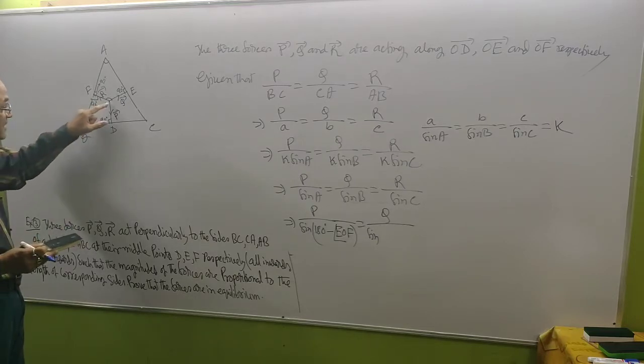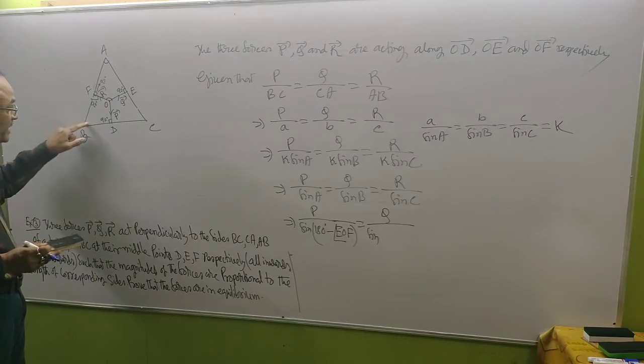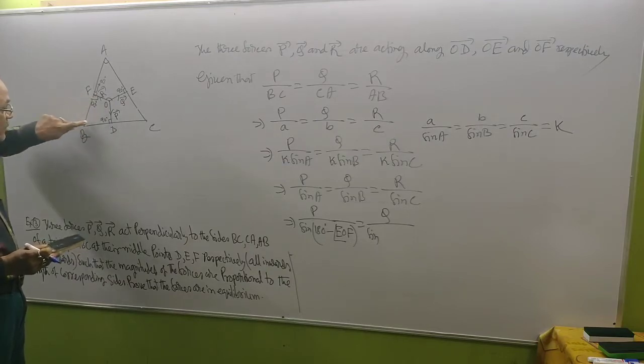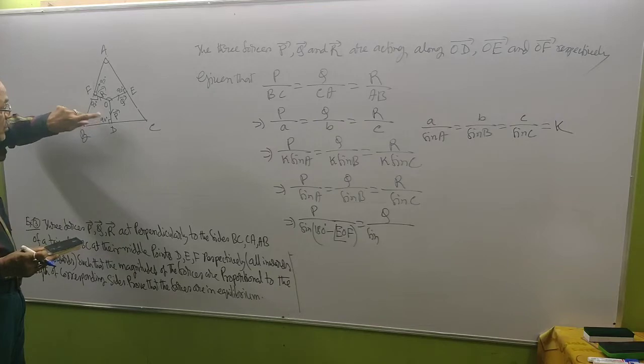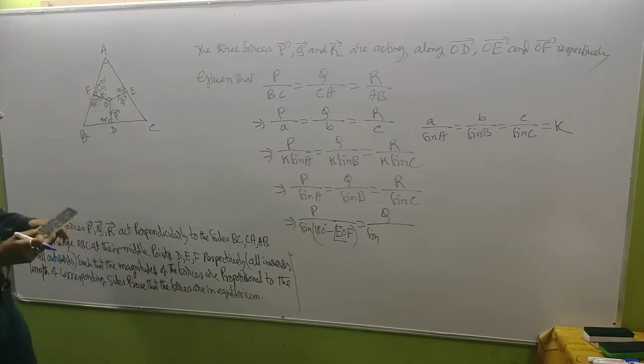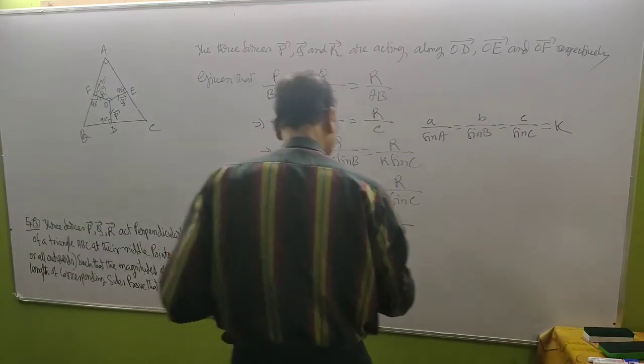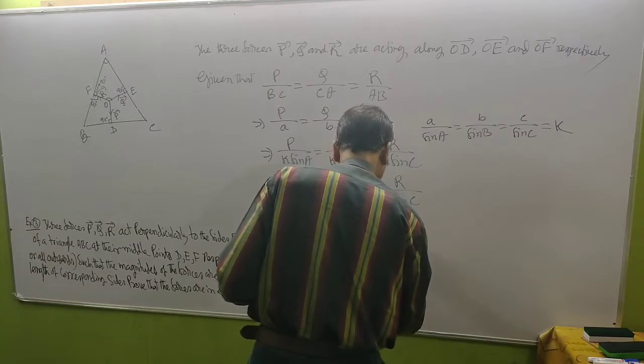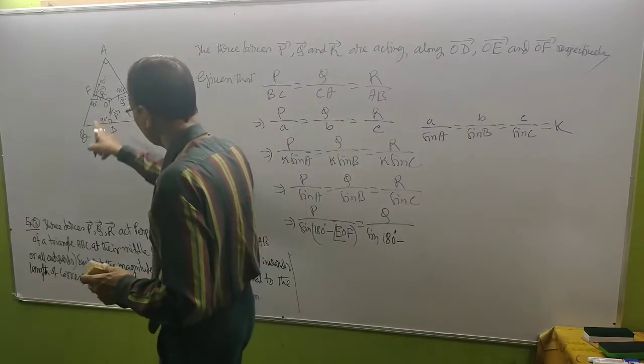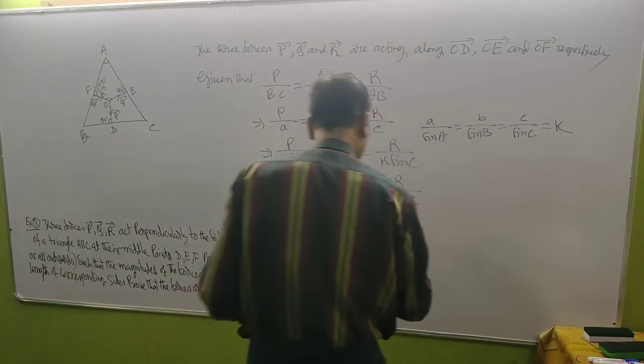This means that this plus this is equal to 180 degree. What is angle B? Angle B will be equal to 180 degree minus FOD.